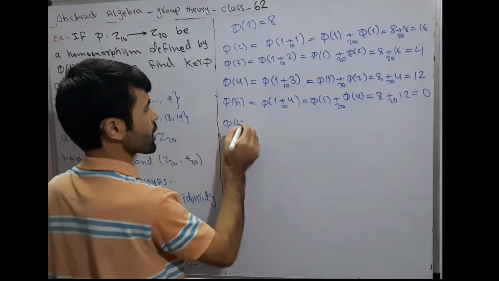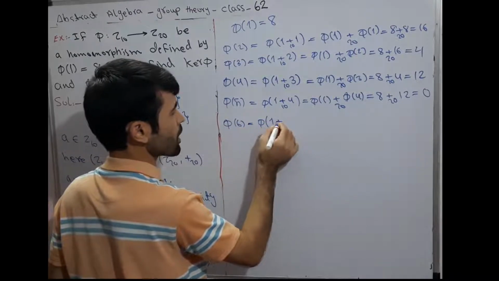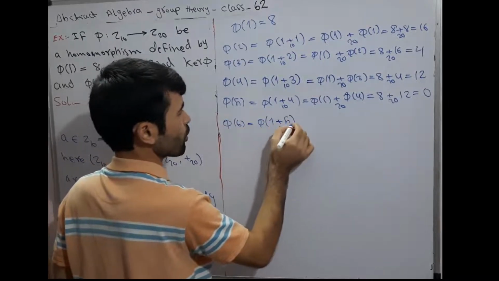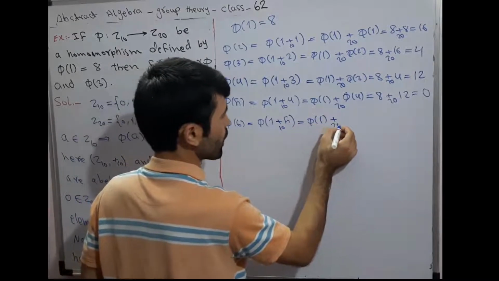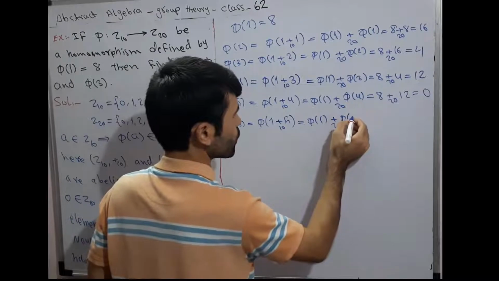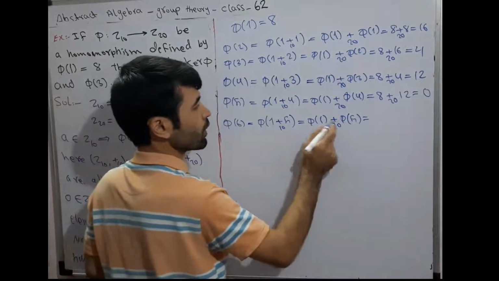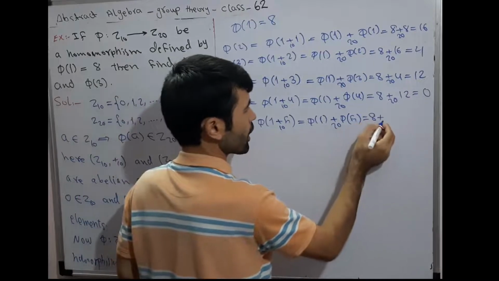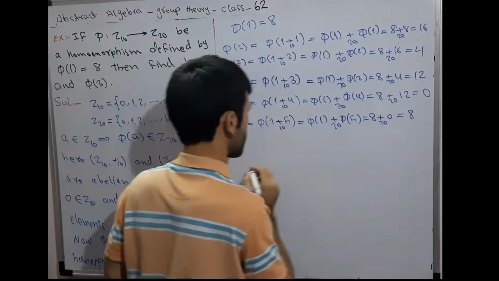Phi of 6 is equal to phi of 1 plus 5, modulo 10, is equal to phi of 1 plus phi of 5, addition modulo 20. Phi of 5 is equal to 0, so it is equal to 8.